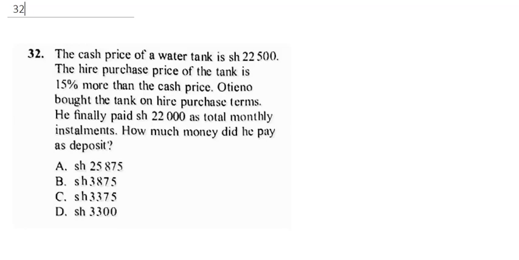Now, in order to solve this question, the first thing you need to know is this is a hire purchase question. This is the actual price of the tank. If he's to pay through the hire purchase method, he's going to pay higher. So the hire purchase is 15% more. So we're going to find 15 over 100 multiplied by 22500.